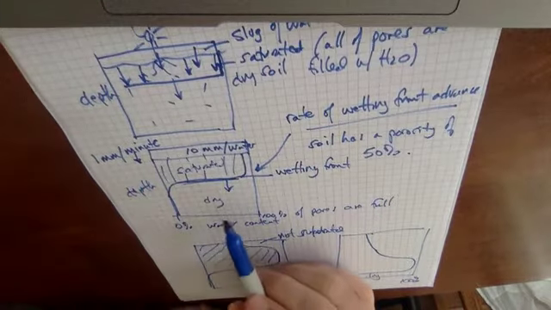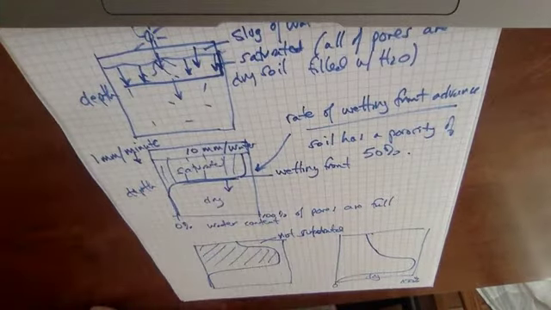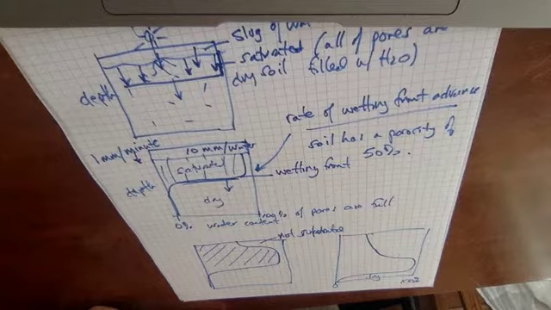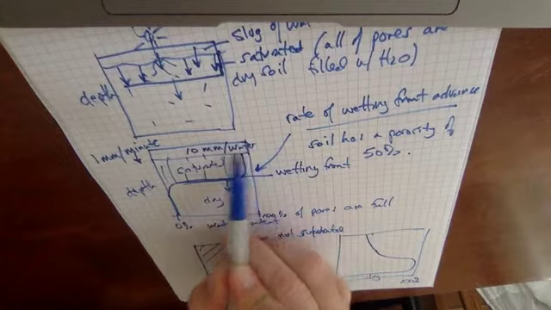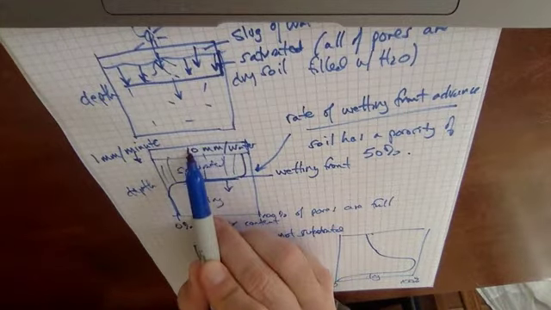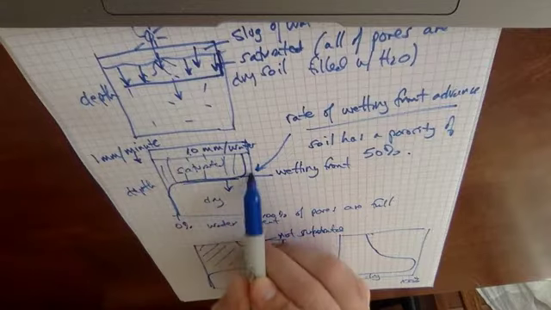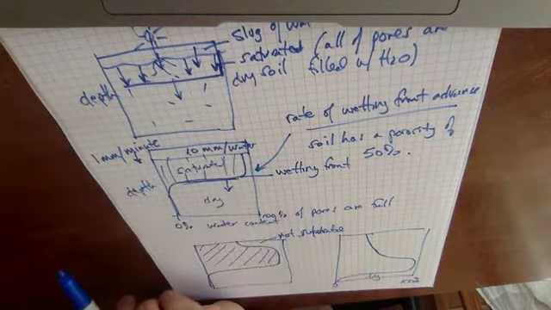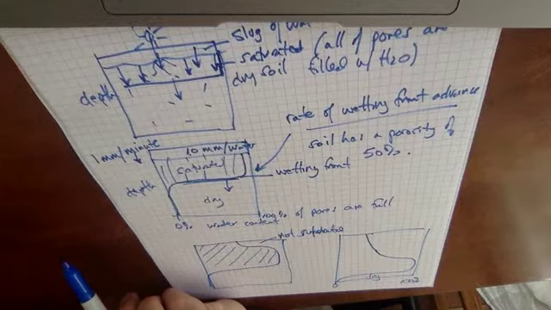Remembering that it can only move through the pore space. How fast would the water be moving? If this pure slug, this is nothing but water up here, it's dropping at a rate of 1 millimeter a minute, and it's going into a soil that has only 50% porosity, 50% pore space.